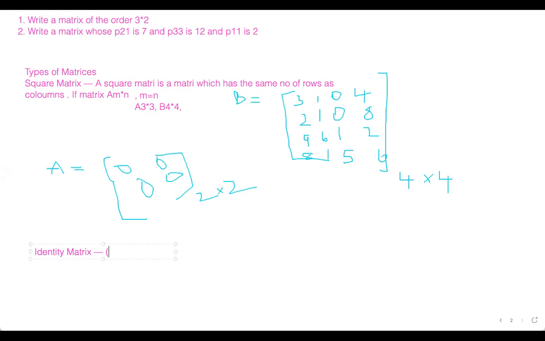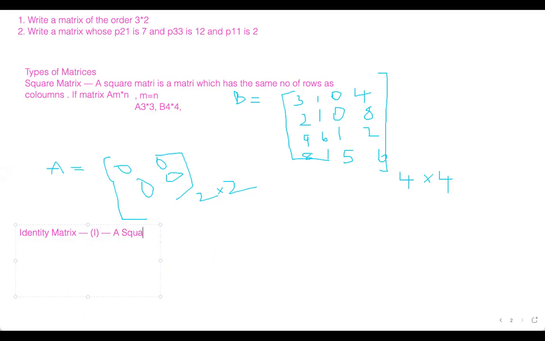Identity matrix is denoted by capital I. Right? So identity matrix is a square matrix.